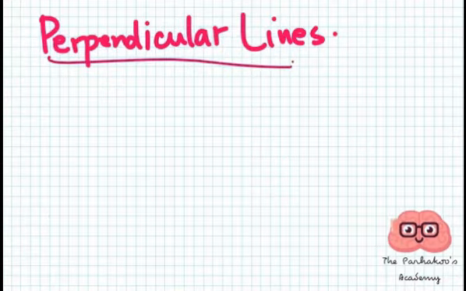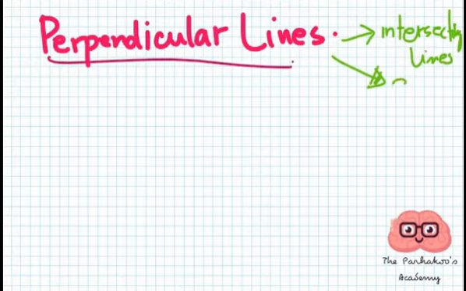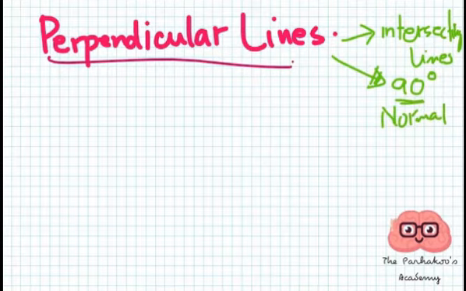The third important pair is the perpendicular lines. Perpendicular lines are also kind of intersecting lines, but they intersect at a specific angle, which is a 90 degrees angle. So 90-degree angle is also called normal or perpendicular.